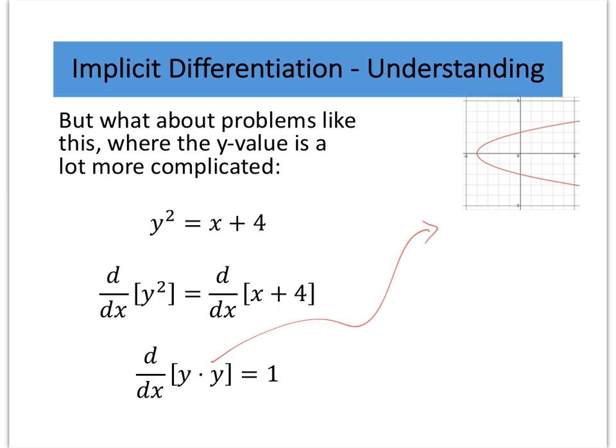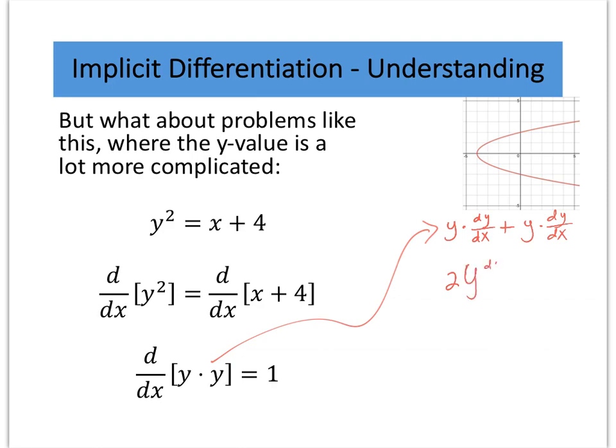So the derivative of y times y is the first times the derivative of the second, plus the second, which is just y again, times the derivative of the first, which is just dy/dx again. And notice that if I combine like terms, these are exactly the same thing.